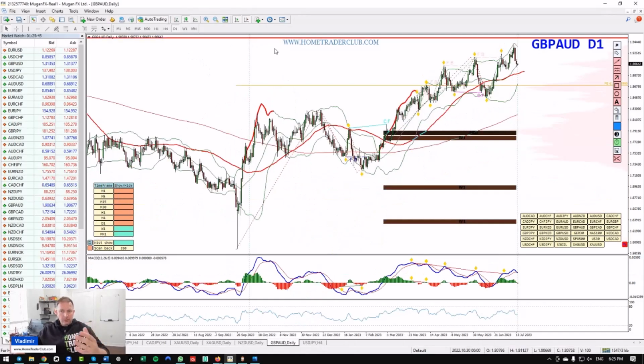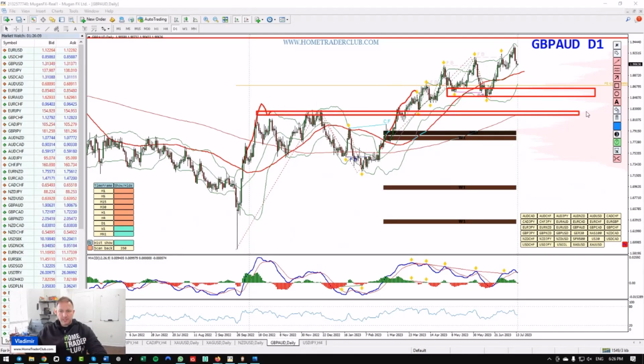So if the corrective structure really starts to build itself up at the moment, I would expect to see the Pound Aussie going back to these two lows and the volume zone, as you can see here. This is a classical zone, and if it goes even beyond this level, then the next important level for me here would be the broken resistance that becomes the support here and holds. So these would be the two ideal targets for me to look on these sell opportunities.